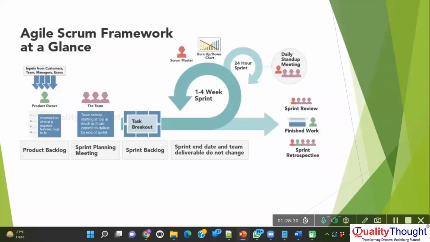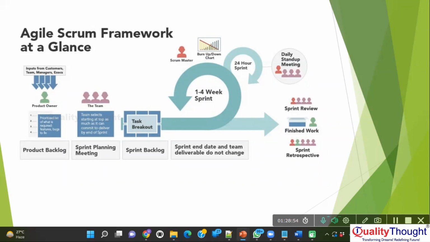You are going to deliver to the customer within 2 to 3 weeks, rather than waiting for 6 months or 1 year for release. There is continuous feedback from the customer, because he starts using the application early, like in 3 weeks.